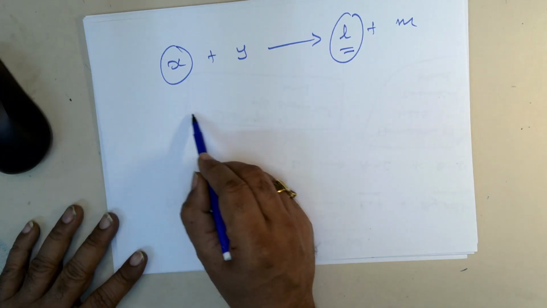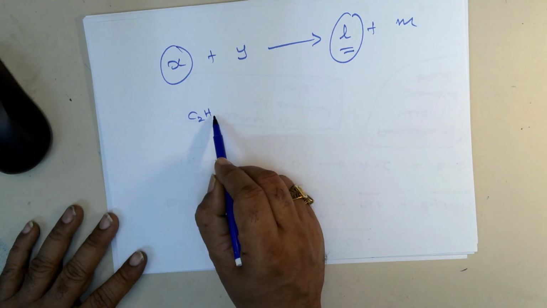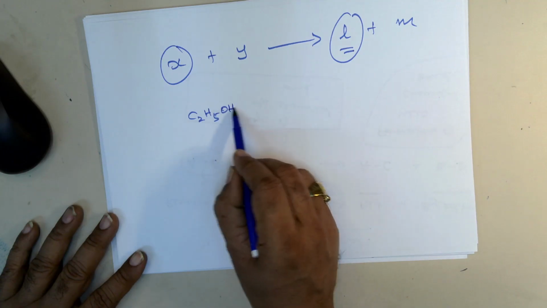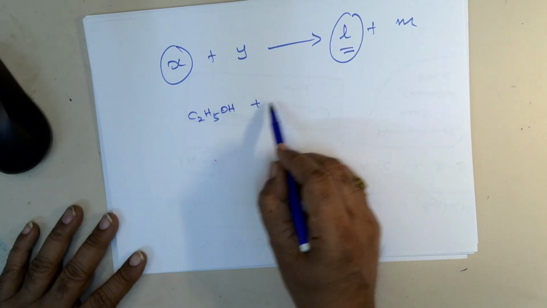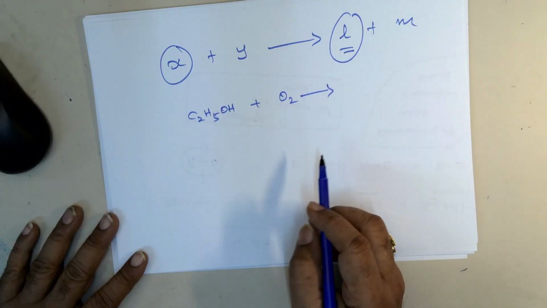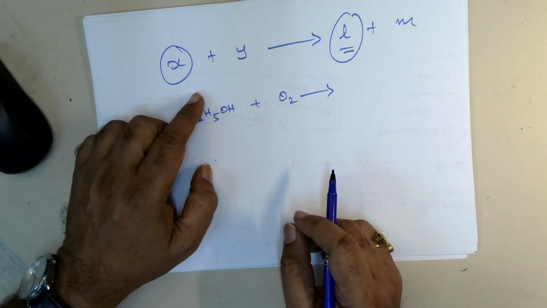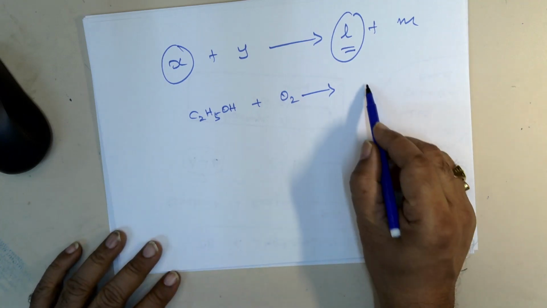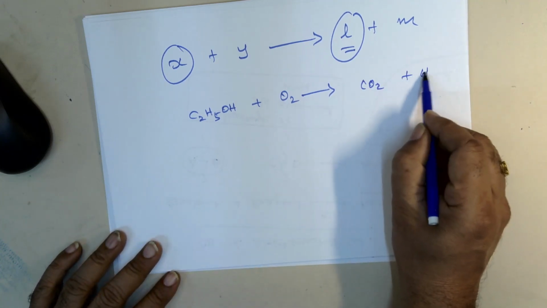In the case of, for example, let me consider ethanol. What is the formula of ethanol? C2H5OH. When it is combusted, that is, burned in the presence of oxygen, what happens when you burn any organic compound? It gives carbon dioxide and water.